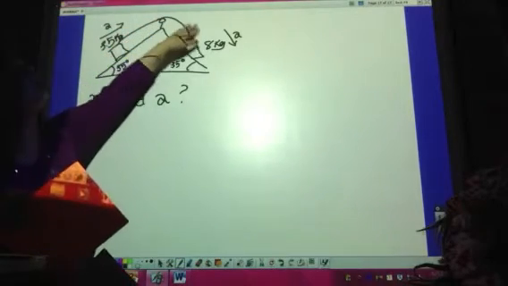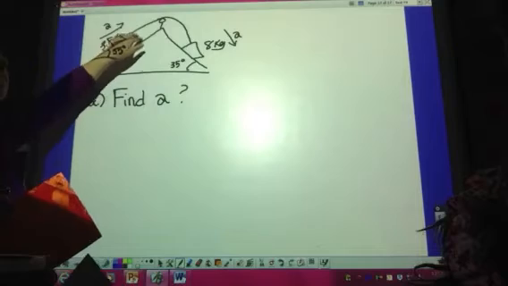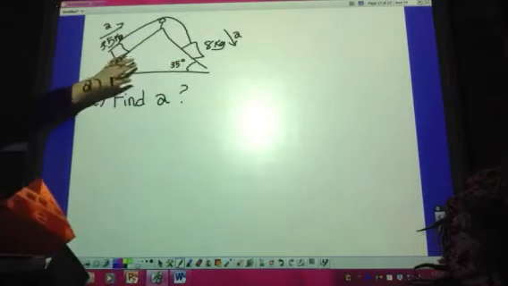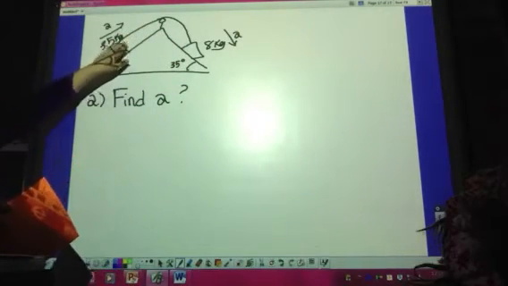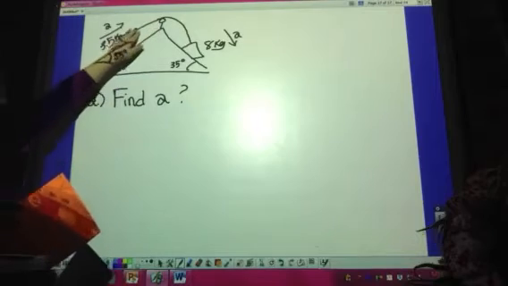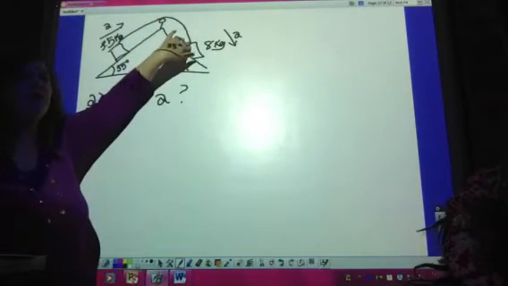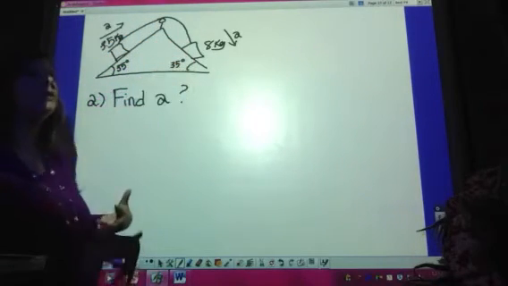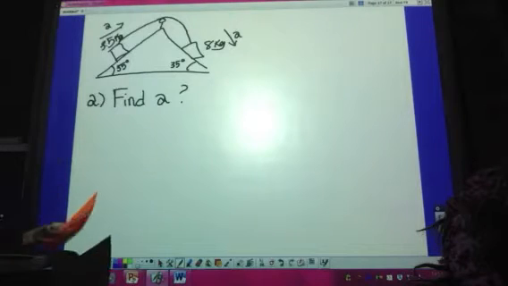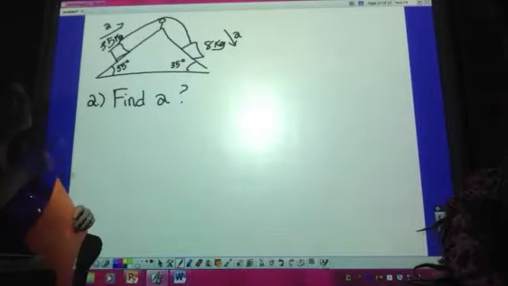These are connected also by the same string, so that means that if I find tension over here for this 3.5 kilogram block, it's the same thing over here on this 8 kilogram block because they're sharing that cable. So that string, I just have that one tension there.